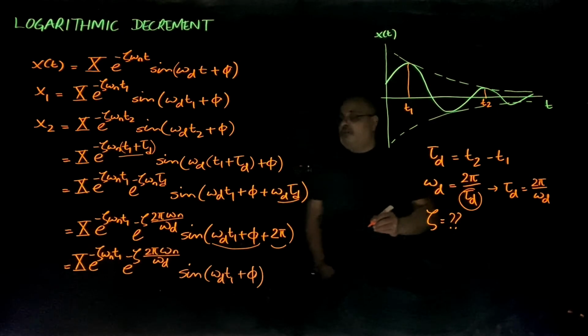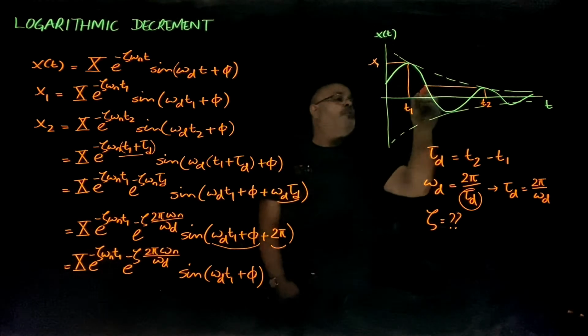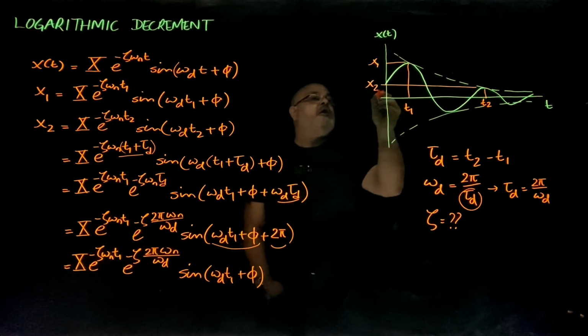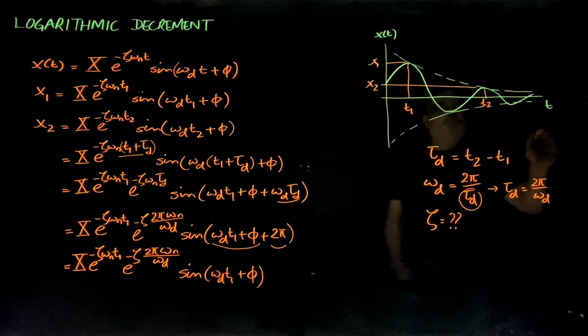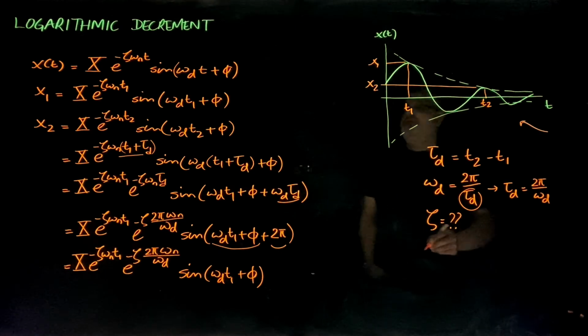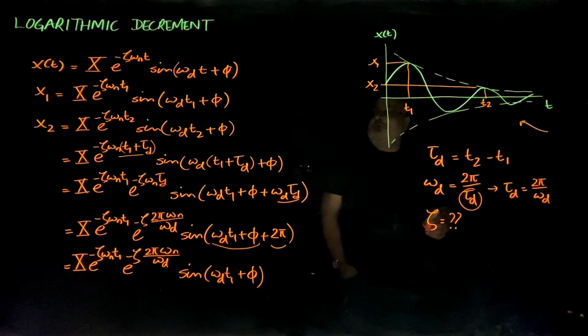Now I will divide x1 by x2. Of course, x1 and x2 can be determined from this graphical representation of the time history of the response x of t as measured experimentally.